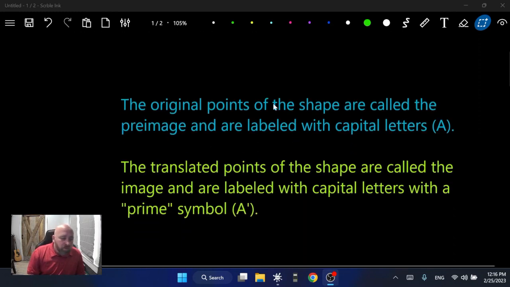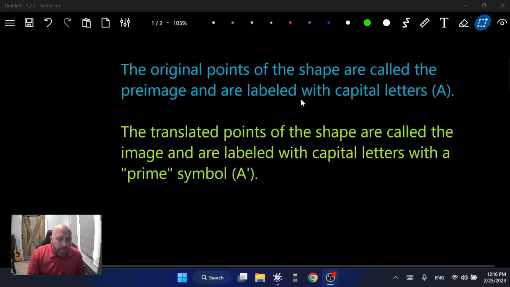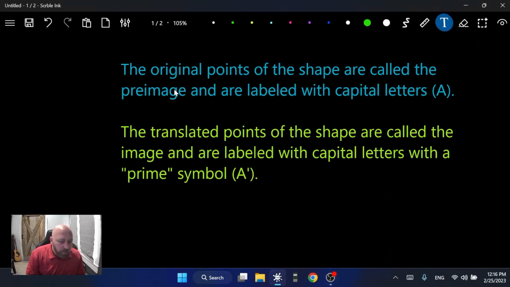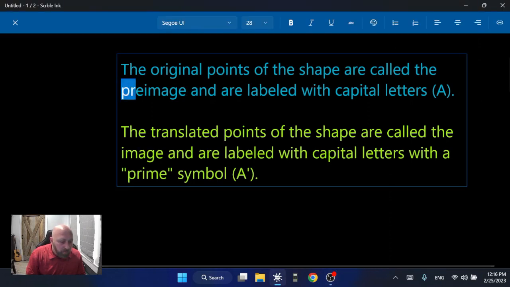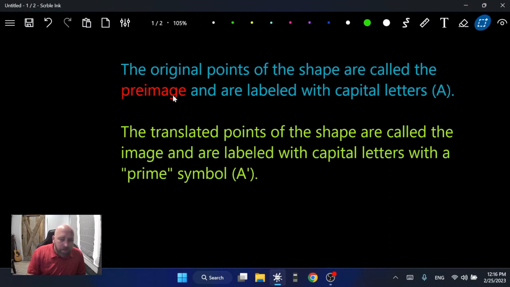All right, the original points of the shape that they give you are called the pre-image and are labeled with capital letters. Let's go ahead and change the color on this pre-image so you can see it a little bit better. So the original points are called the pre-image.